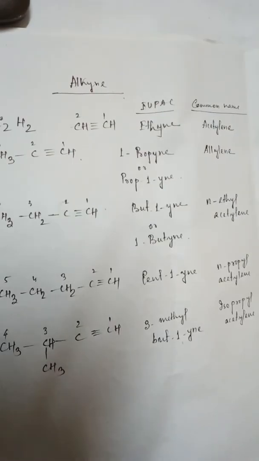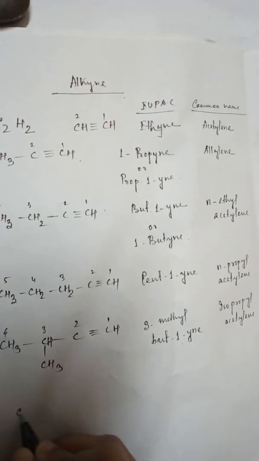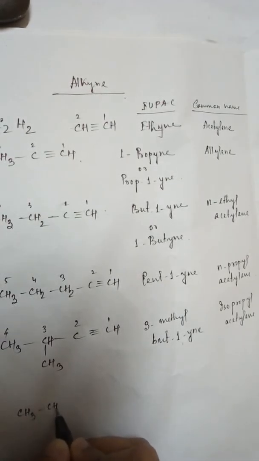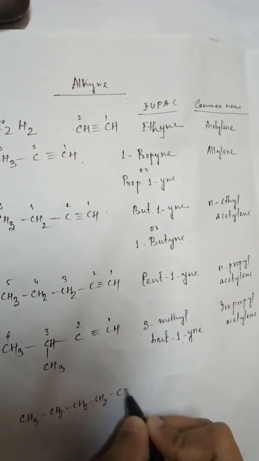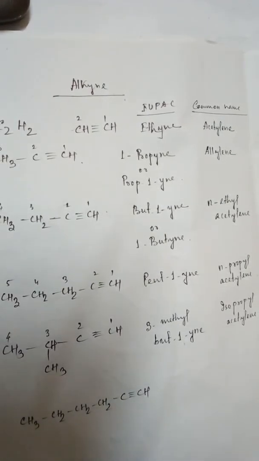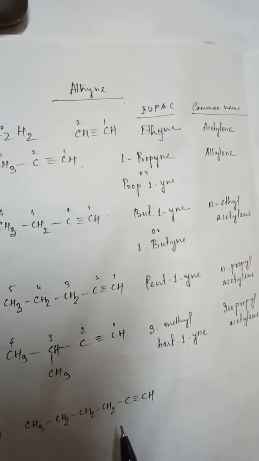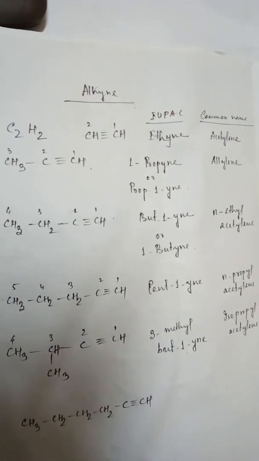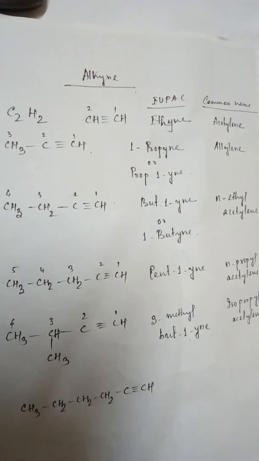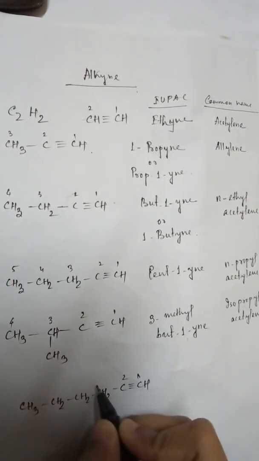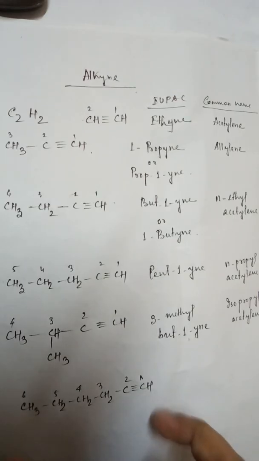Now come to the next example. CH3, CH2, CH2, CH2, C triple bond CH. Right? Now we will find out the IUPAC name. Simple. First, give numbers to the carbon atoms. The total number of carbon atoms is 6 in the main chain.